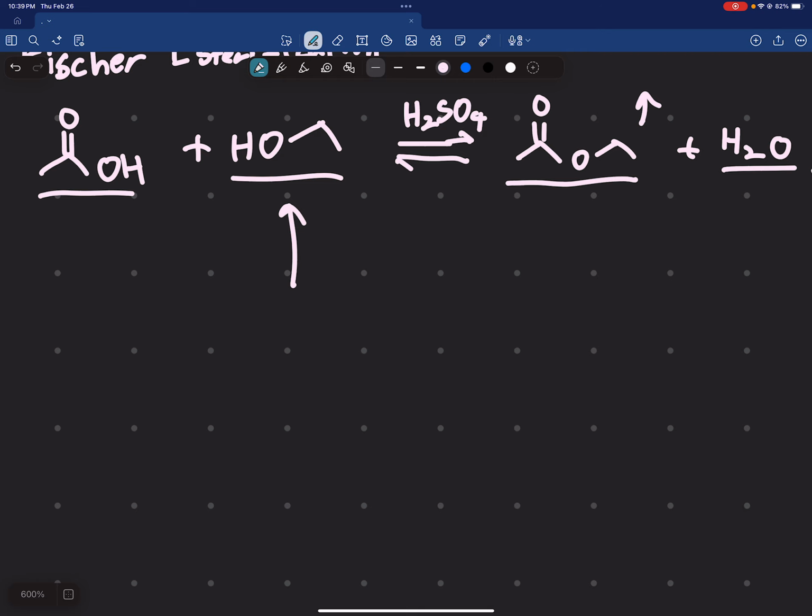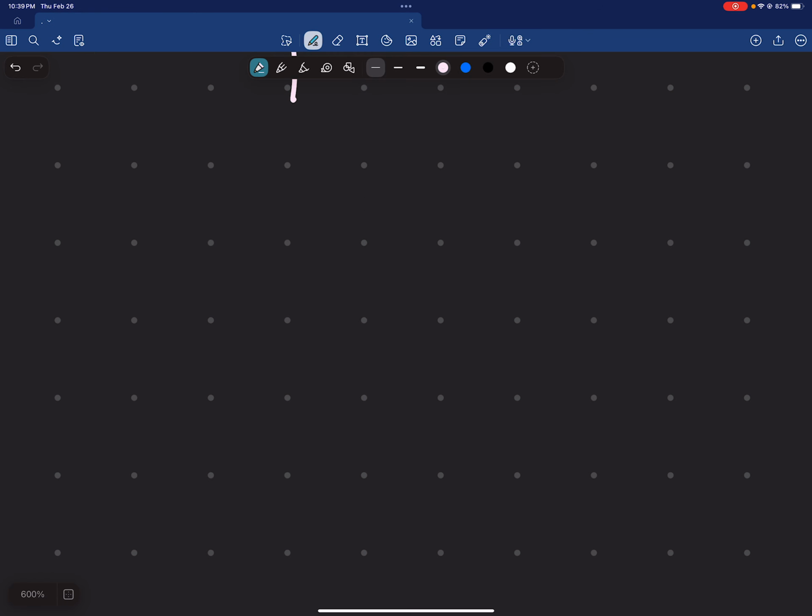So let's go over how we can synthesize methyl esters using diazomethane. Diazomethane is CH2N2. This is a toxic chemical, and it's potentially explosive in air.